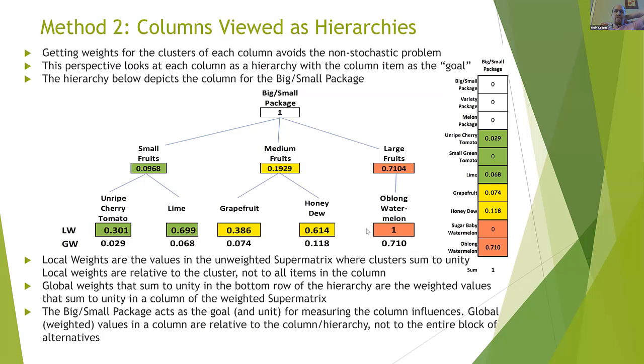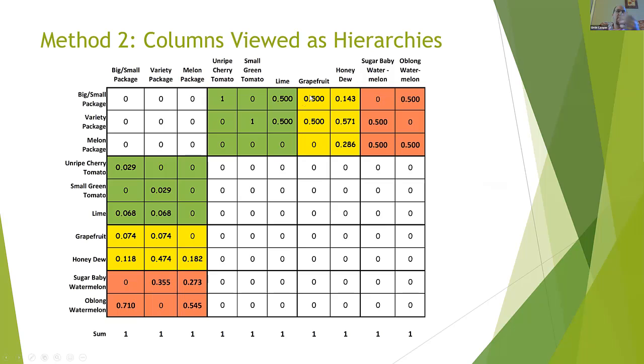Our method 2, which we propose, is to think of each of these columns as a hierarchy. So instead of getting a block weight for the cluster weights for every block, all 3 of the alternatives that were here, we're going to treat each of these as if it was its own hierarchy. In this case, we can see how the local weights and global weights idea translates through to give us this priority vector. So now we have a weighted supermatrix that at the outset sums to unity.